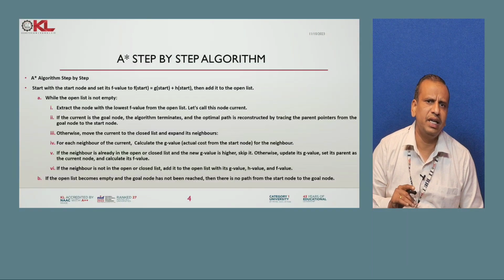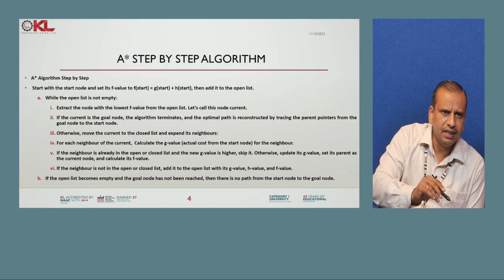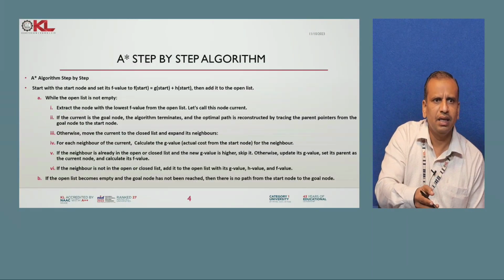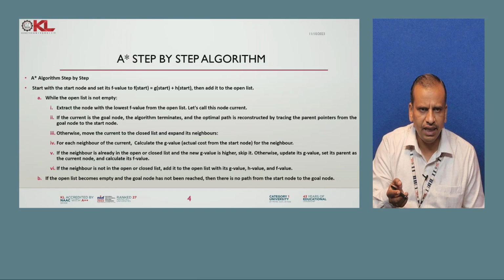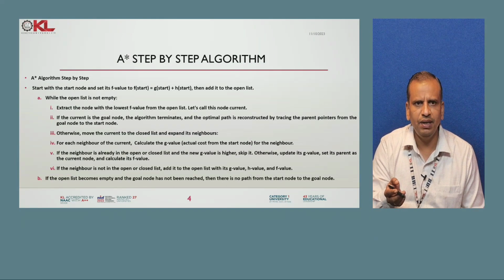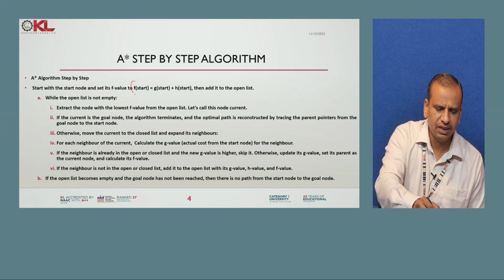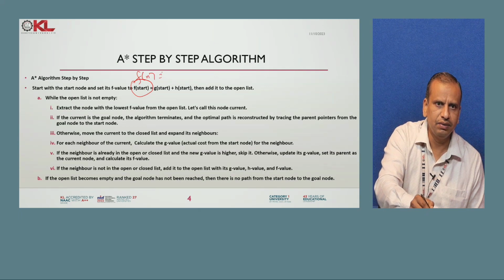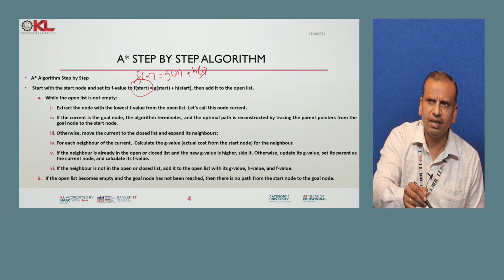Now come back to the algorithm. Here the algorithm starts with a start node and sets its f value, f of start. That is why we are dealing with f of n equal to g of n plus h of n.